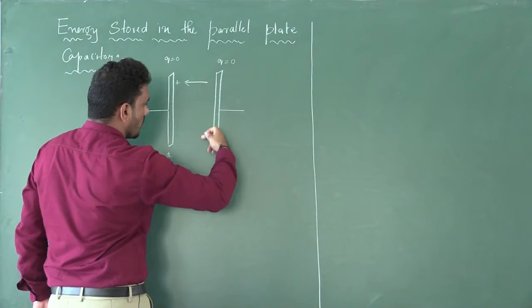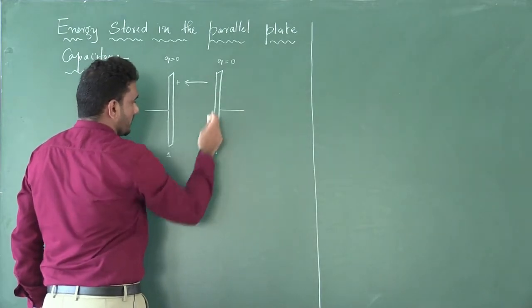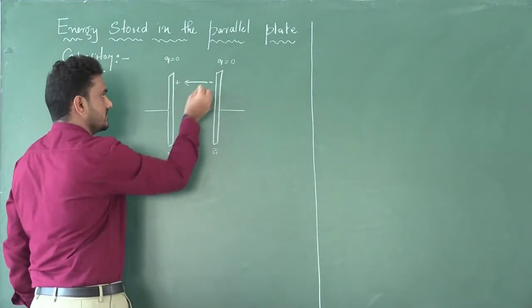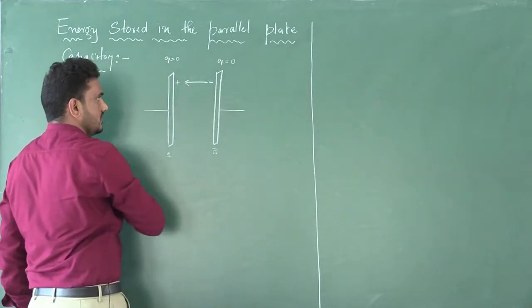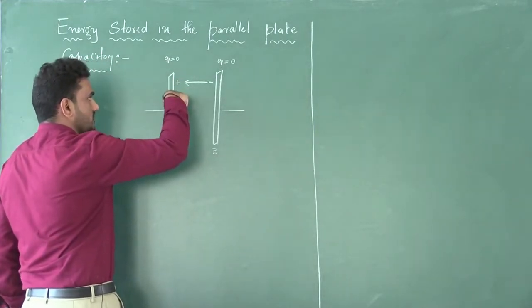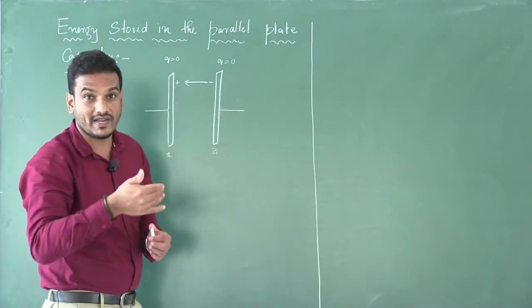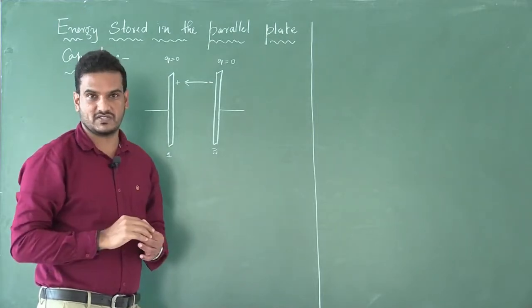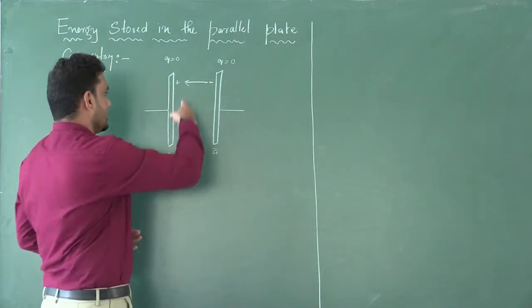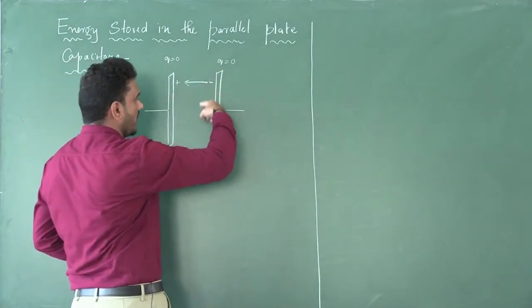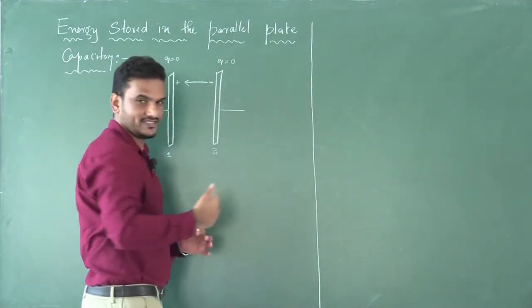By losing one positive charge, plate 2 acquires one negative charge. By gaining one positive charge, metal plate 1 gains one extra positive charge. As a result, plate 1 becomes positively charged and plate 2 becomes negatively charged.